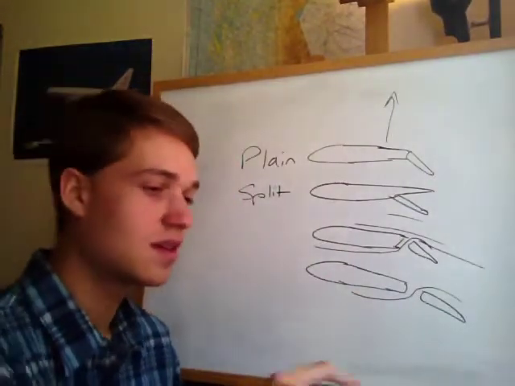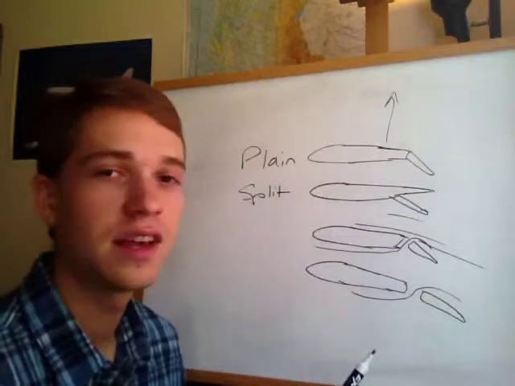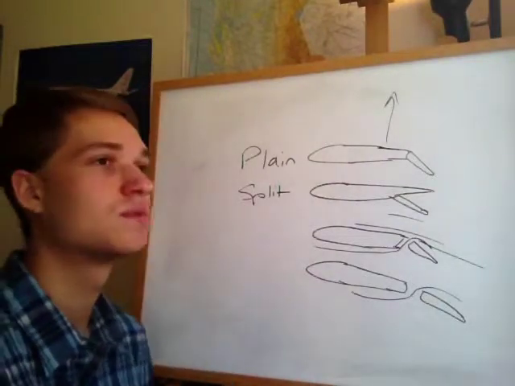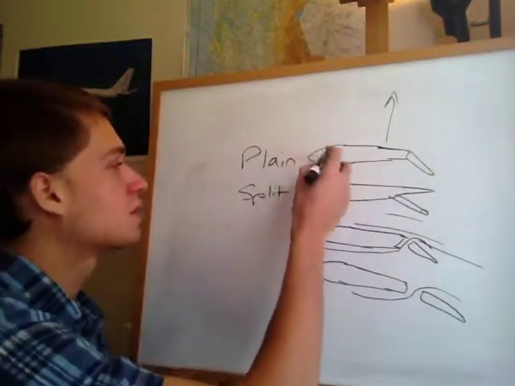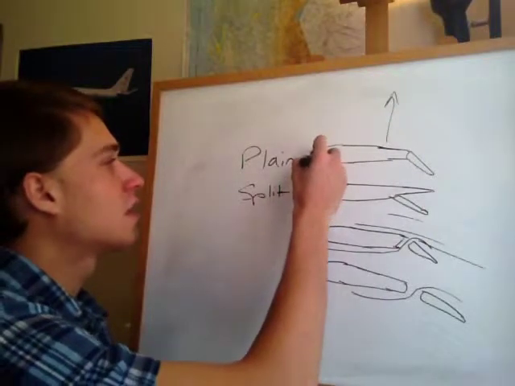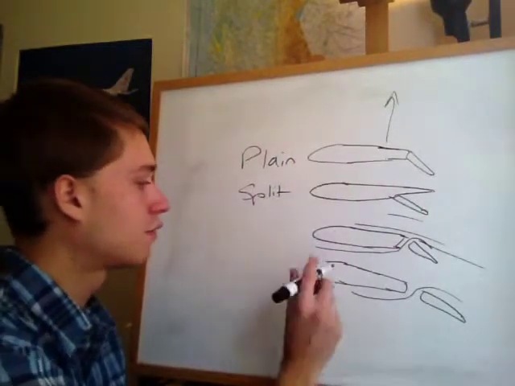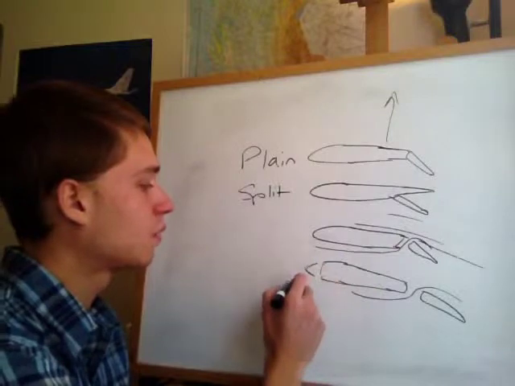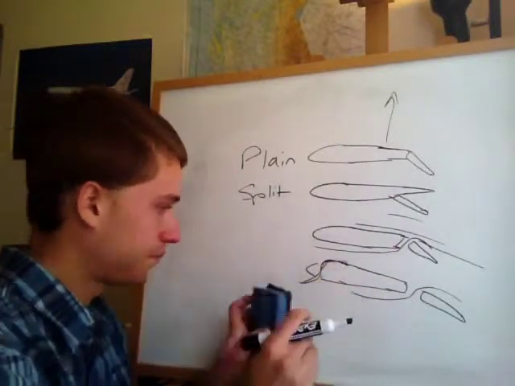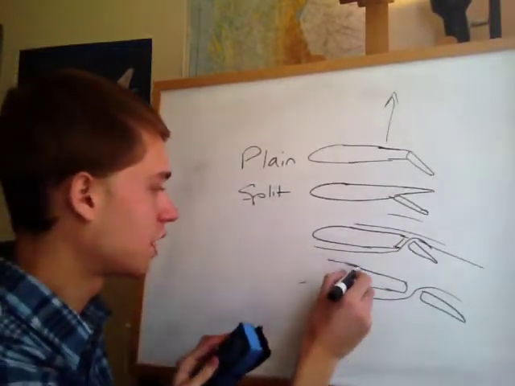There's also stuff called leading edge devices that help produce more lift at slower airspeeds. You might have a slot on the front of the wing, and where the air is able to, let me improve my drawing here.